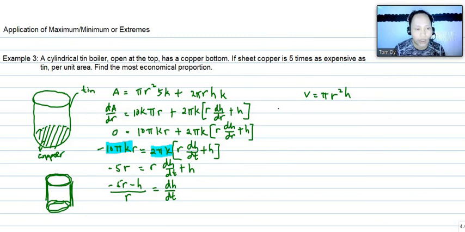Okay, so we have dV over dr, so we have here pi, and then again we have here the derivative of uv.